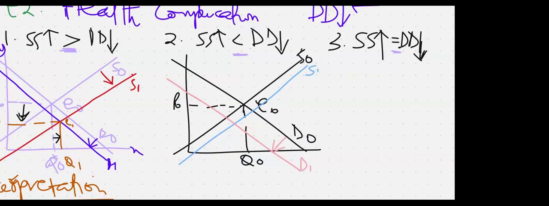And the supply is going to have just a small increase there. So where do these two new curves meet? There they meet, where they intersect. P1, a decrease. This Q1, a decrease.